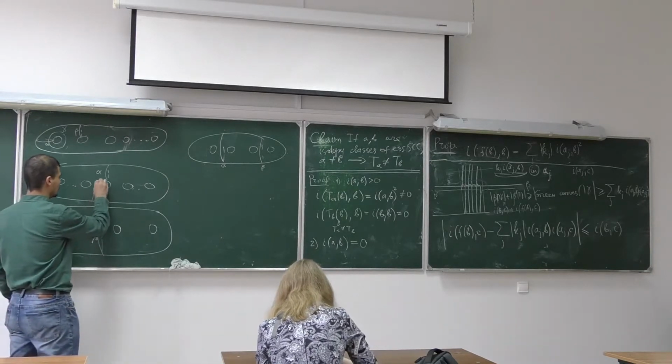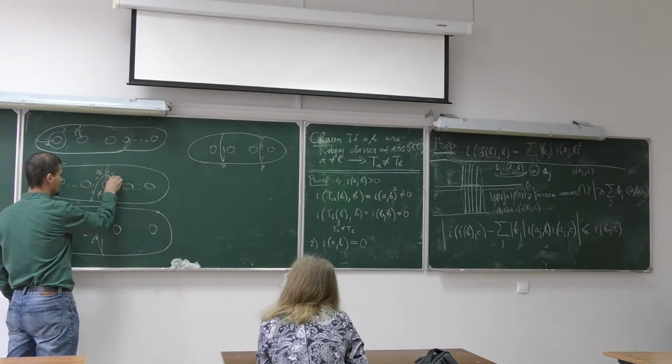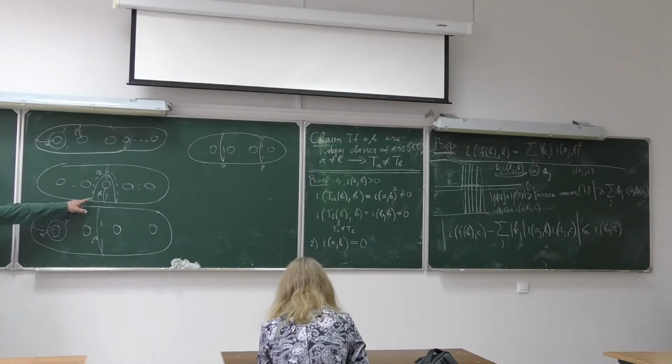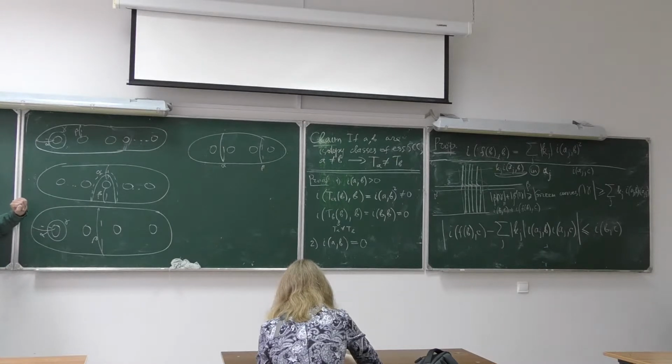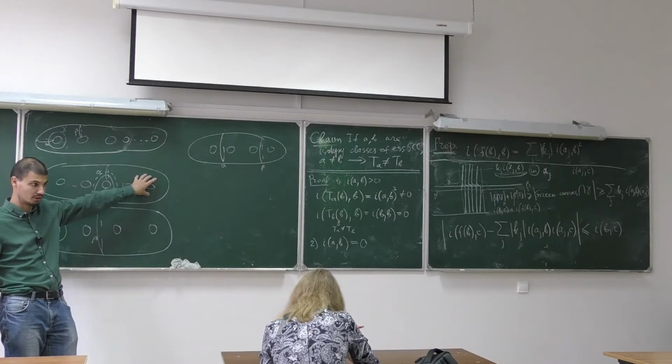There is such a separating curve. It is easy to see that it is in minimal position with alpha, since there are no bigons. No bigons, since both these parts are of positive genus.